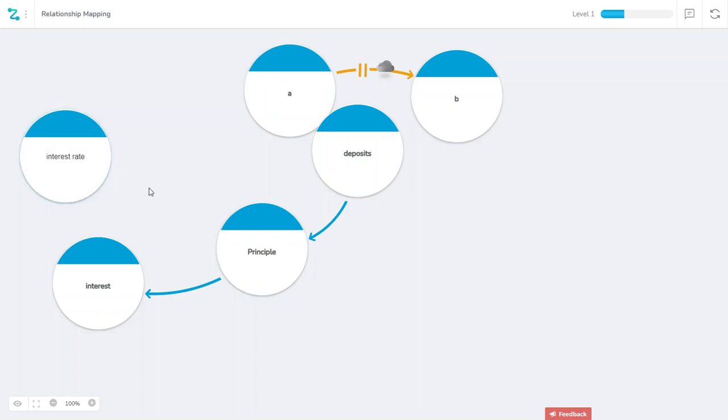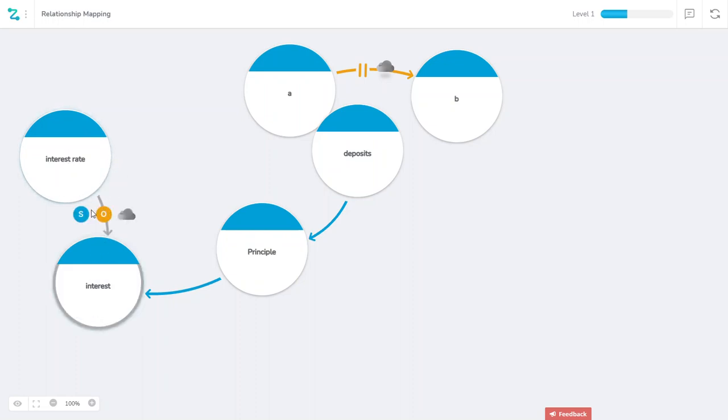Now, I've labeled this with lowercase because it's something like interest that doesn't accumulate, it changes over time. If it were a constant during the entire relationship time frame, I probably would have made it all uppercase letters.